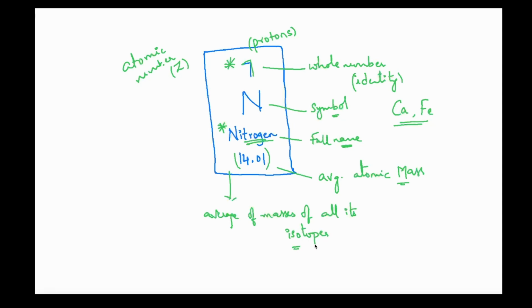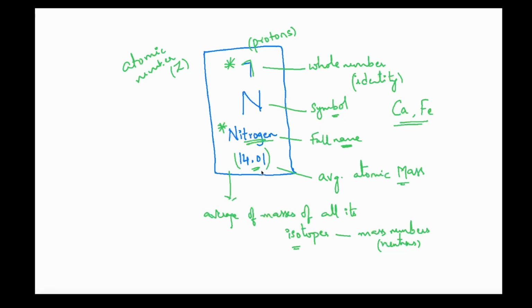Each element will have a number of isotopes, which are nothing but atoms that differ in their mass numbers, or in the number of neutrons in the nucleus. So this is the average atomic mass, and this is not the mass number of that element.